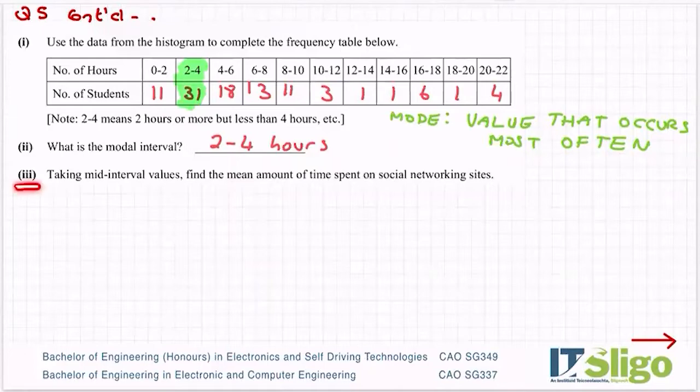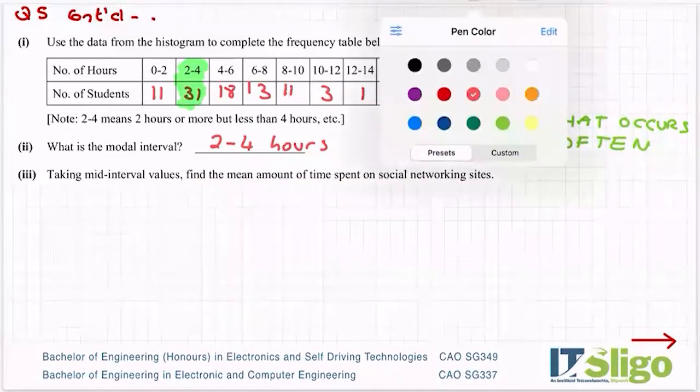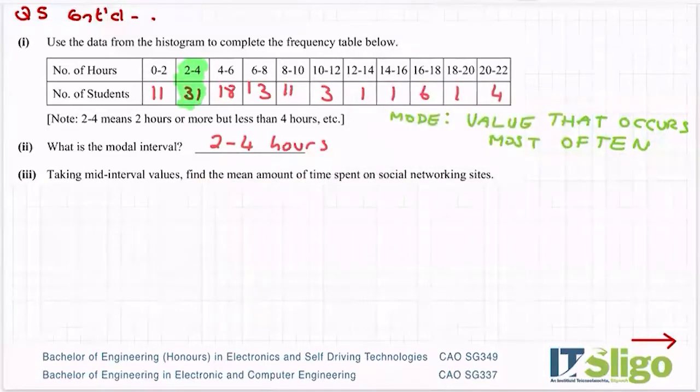Okay, part 3 then, taking mid-interval values. So this is the third example of mid-interval values that we've done. Find the mean amount of time spent on social networking sites. Okay, so we need to write down our mid-interval values. So when we're calculating our mean, we add them all up and we divide by the number of students.